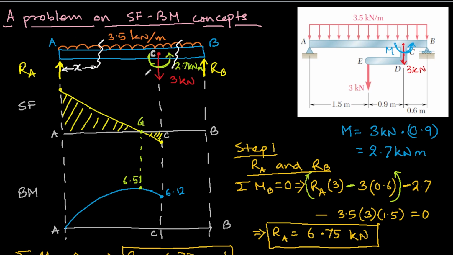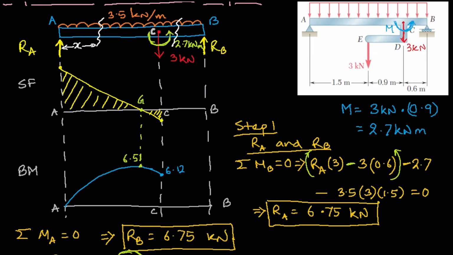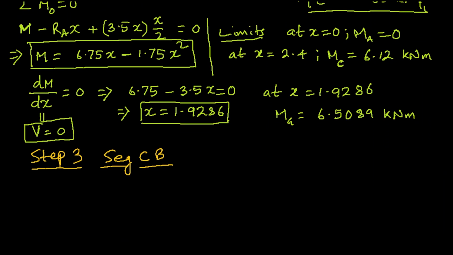Obviously, if you keep the left side, there are a lot many forces. So what I would prefer is I would keep the right side as my free body and throw away the left side. So suppose this is the free body, and here you have RB.